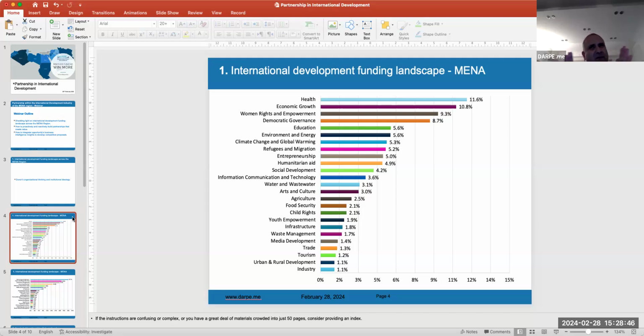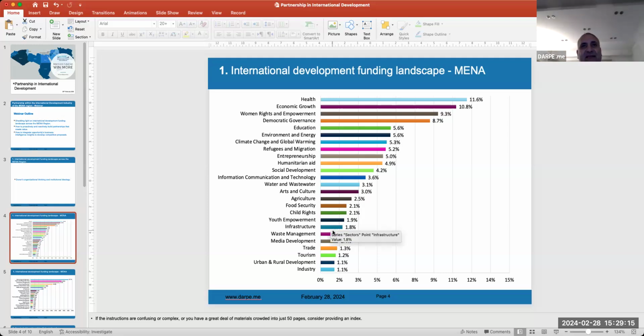And a little bit more into education, still an interest, but less than the first four sectors: health, economic growth, women's rights and empowerment, and democratic governance. With a little bit of difference goes to education, and then environment and energy, climate change, kind of a group within the 5 to 4%.